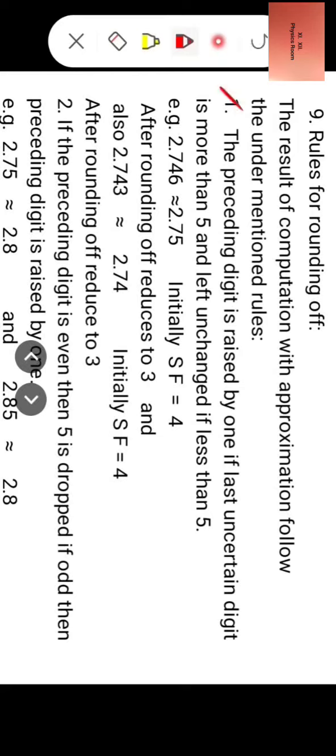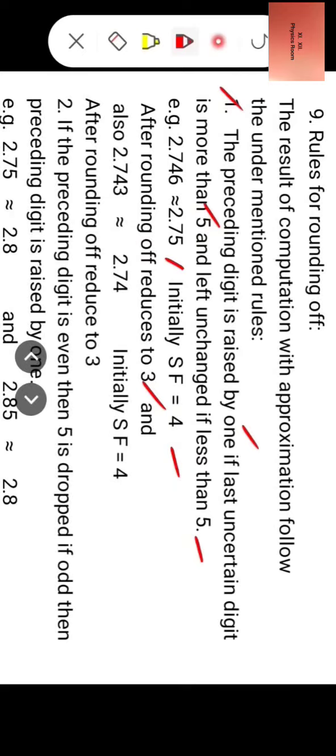Number 1, the preceding digit is raised by 1 if the last uncertain digit is more than 5 and left unchanged if less than 5. For example, 2.746 can be expressed as 2.75. Initially, significant figures are 4. After rounding off, it reduces to 3.